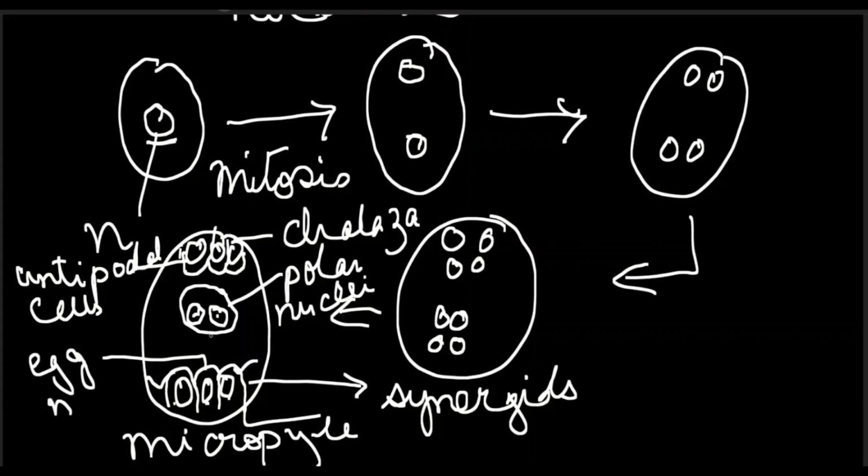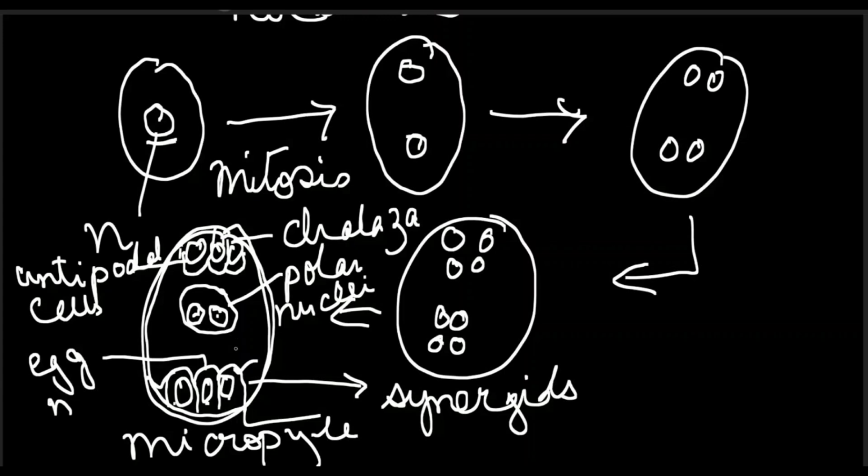Out of the 7 cells, 6 cells have one nucleus each, and the central cell has 2 nuclei. So in this stage of megaspore development, what we find is a 7-celled, 8-nucleated condition.